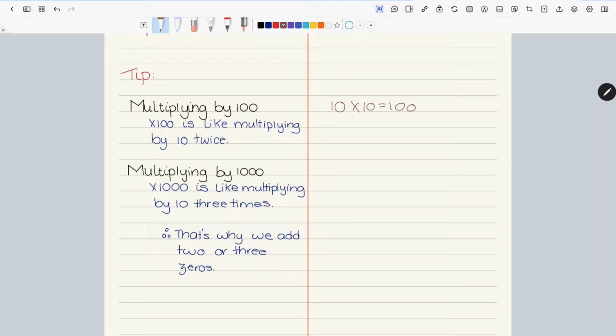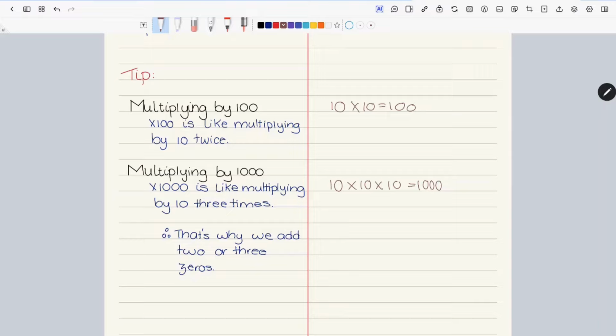If 2 tens make 100, then 3 tens will give you 1,000. So 10 times 10 times 10 gives you 1,000. So the overall rule to this trick is adding 1, 2, or 3 zeros, specifically for 10, 100 and 1,000. That's why we add 2 and 3 zeros.